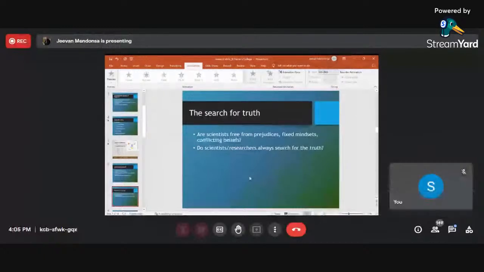Now, of course, most of you or all of you might wonder, what is this question? This question does not make sense. Naturally, we scientists always search for the truth. And there might be prejudices, there might be mindsets, but scientists, researchers are aware of it and they will not allow it to influence that research.